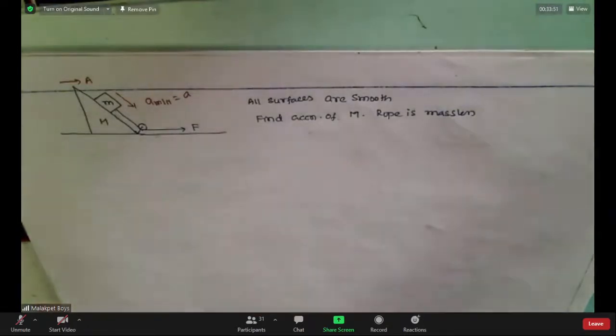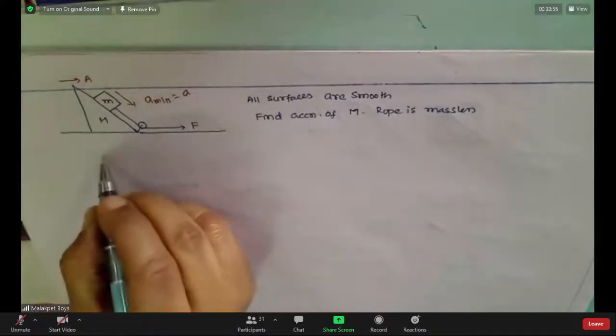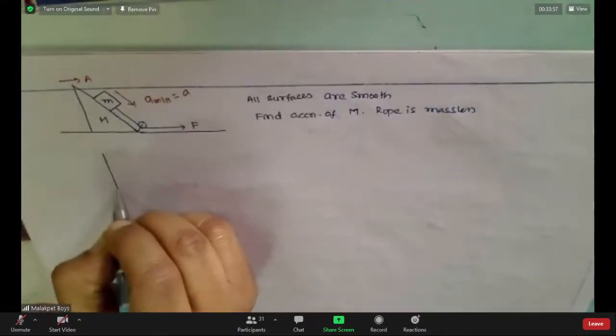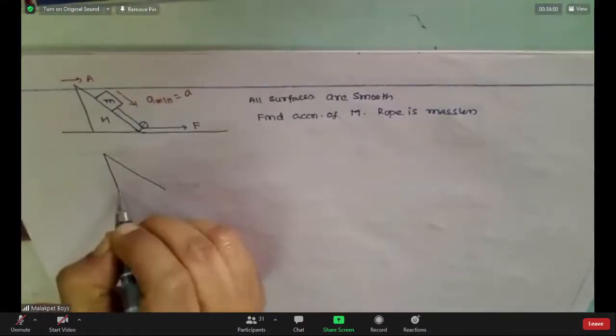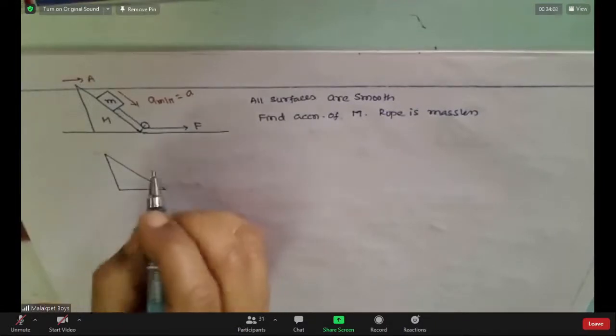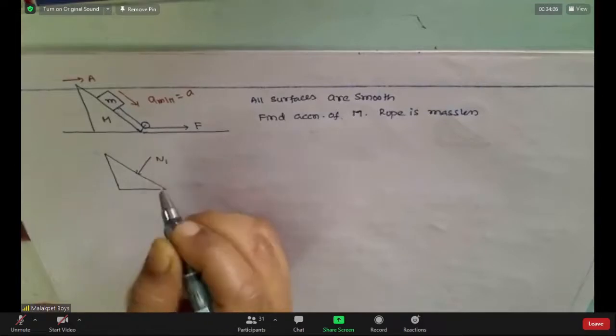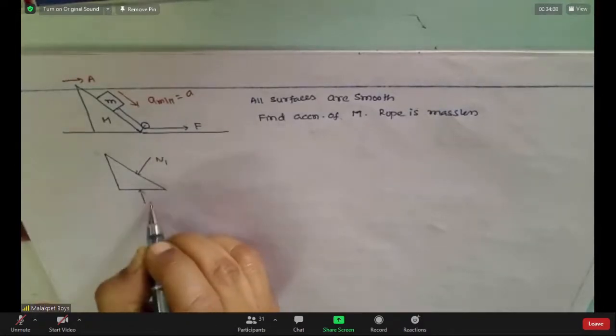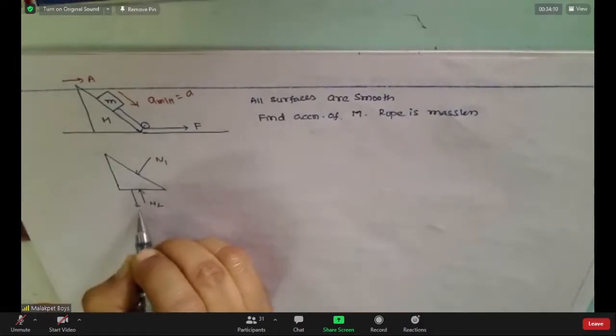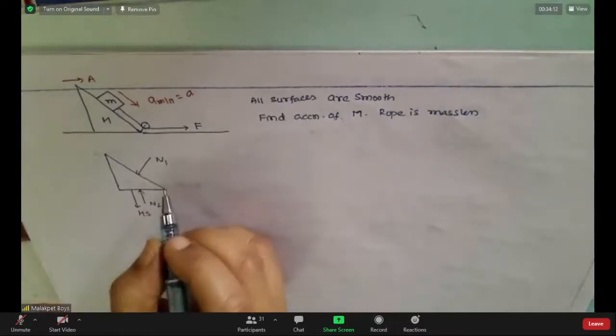Now we'll draw the free body diagrams of all these things with respect to ground. Now if you can show the forces that are acting on the block and all separately, we are having a normal reaction, let us call it N1. This is N2. This is Mg. We don't require this. Anything else is there?